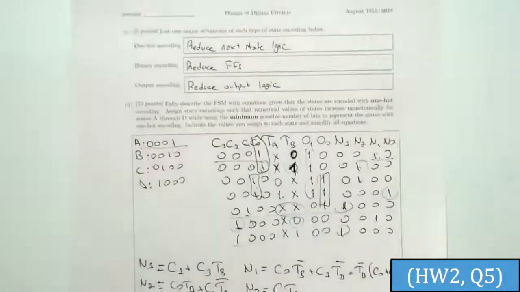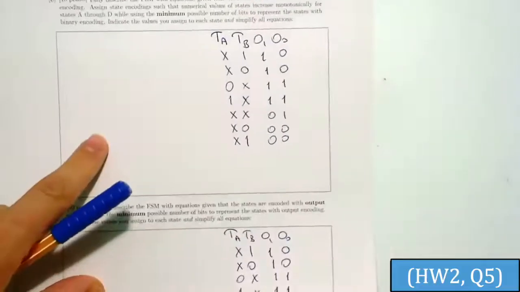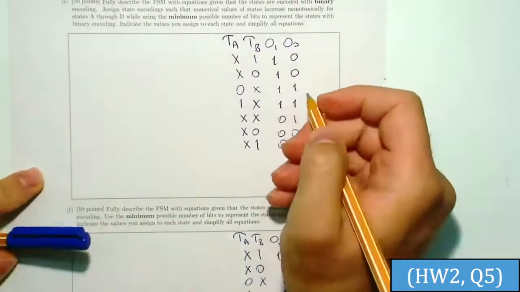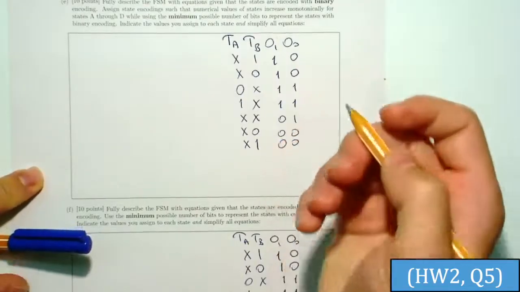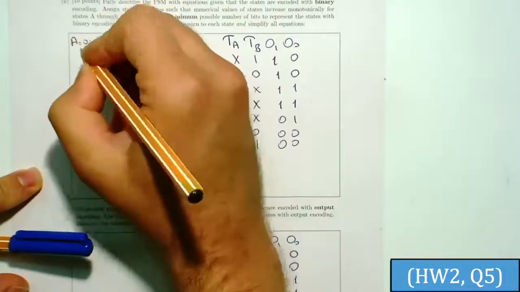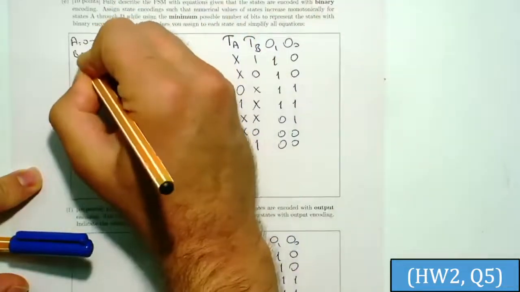All right, so we'll move on to the other one. For the binary encoding, we can use 2 bits to represent four states, right? So I'm going to represent A as 0, 0, but it's all up to you how you represent it.